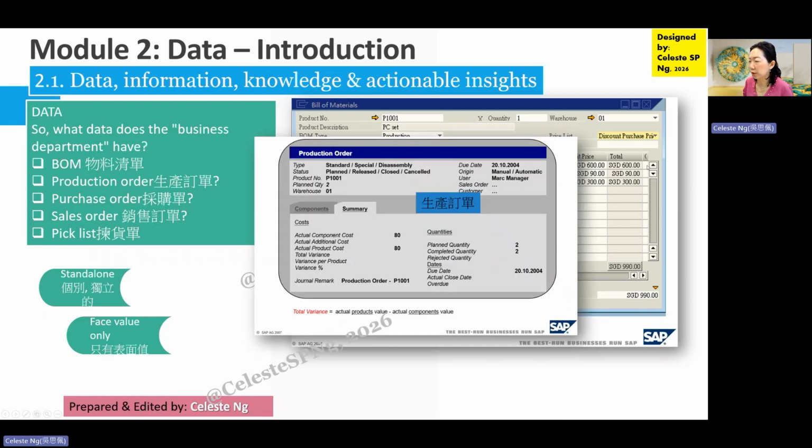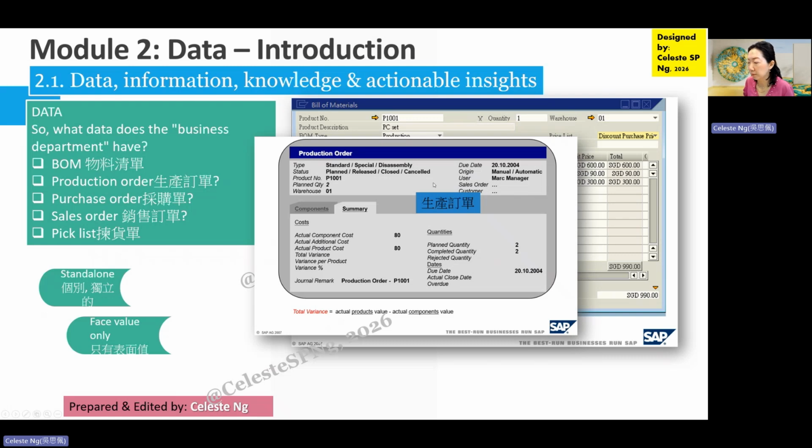How about production? If you are from the production department, we also have our production order. It tells us, for a particular production order, what are the costs, what are the quantities required, and the type of production order, whether it is standard, special, or assembly.